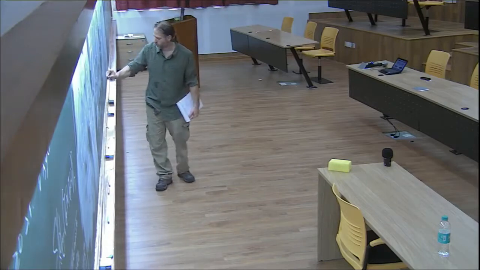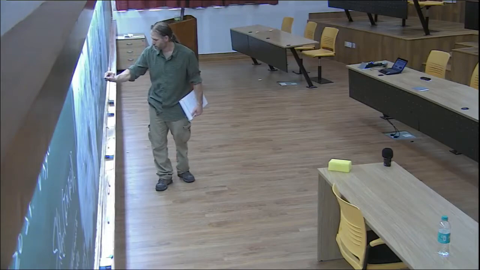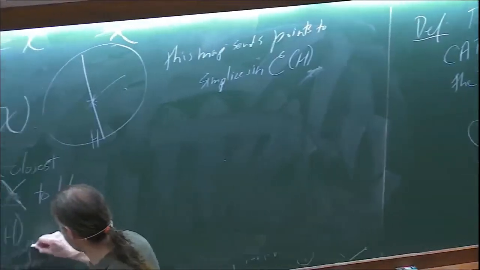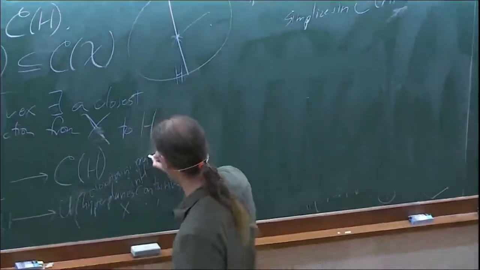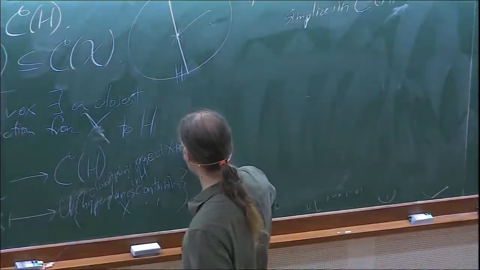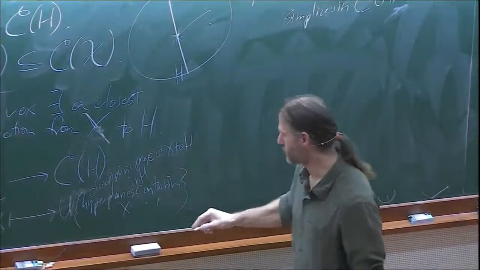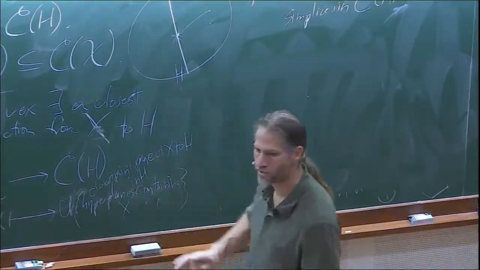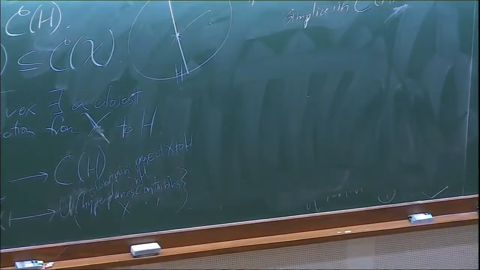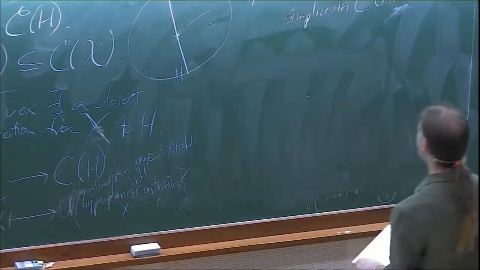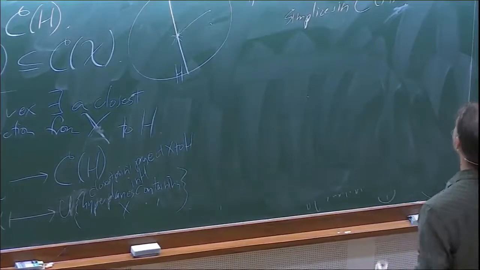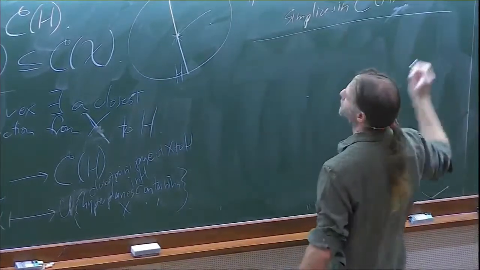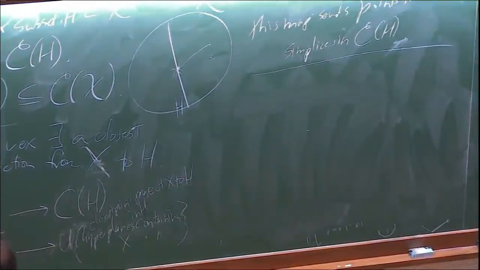So what I should say is: closest point project X to H, and then you look at all the hyperplanes through the projected X. Okay, so this sends points to bounded diameter sets.